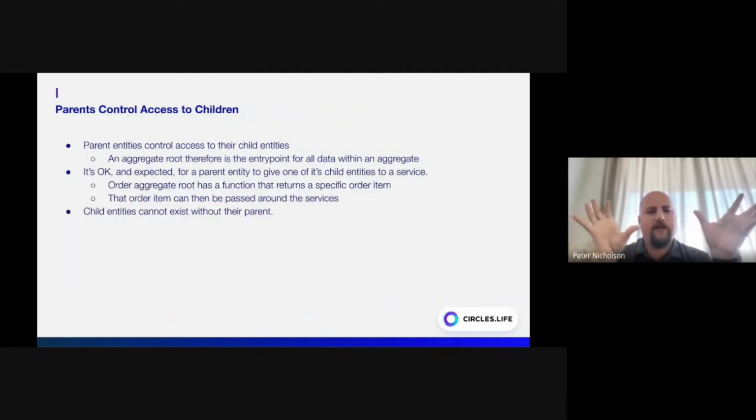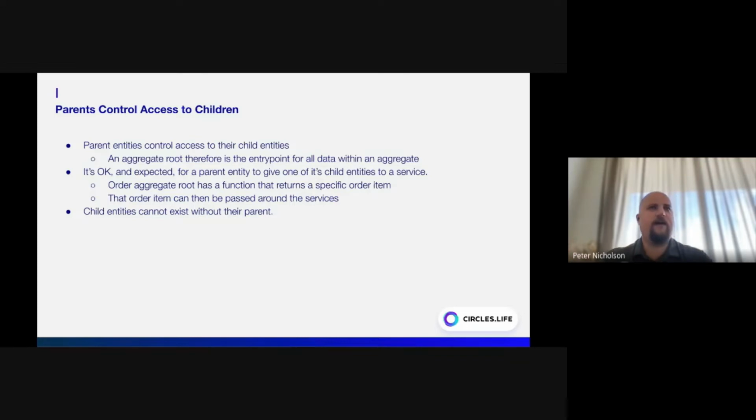Parents can only control the access to their children, right? This goes to the unidirectional flow. Parent entities controlling access to their children mean that at any point in code, I know what I can and cannot reference, what I can and cannot access. That said, it's okay for a parent object to give one of its child objects away as a return value.